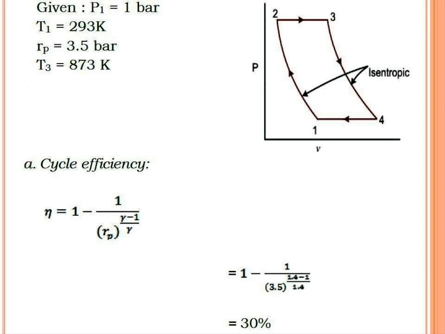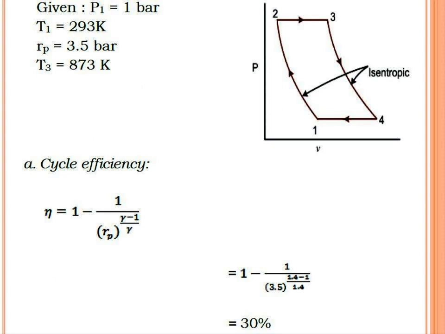The data given: P1, the initial pressure, is 1 bar, the initial temperature is 293 Kelvin, and the pressure ratio is P2 by P1, that is 3.5 divided by 1, so the pressure ratio is 3.5. T3, the highest temperature of the cycle, is 873 Kelvin.